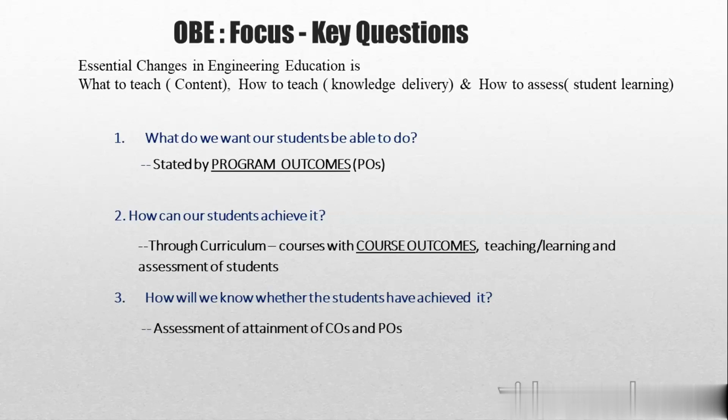Students can achieve them through the curriculum, courses with course outcomes, teaching, learning, and assessment of the students. And how will we know whether the students have achieved it? We will know only when we assess the attainment of COs and POs. These are the three questions that we need to ask ourselves, and this is why OBE is introduced into our education system.